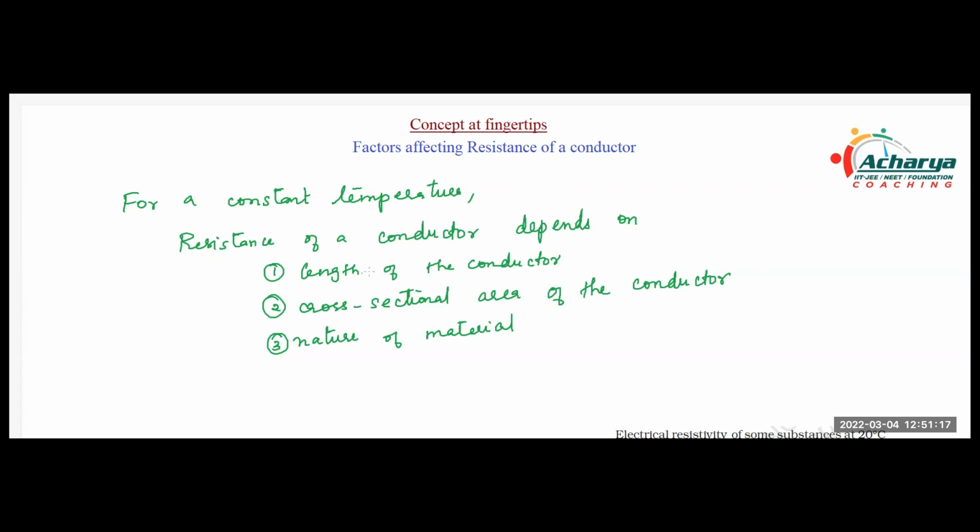These are the three factors on which the resistance of a conductor depends. But here we have to ensure that we keep the temperature constant, because temperature variation can cause variation in resistance even for the same conductor.